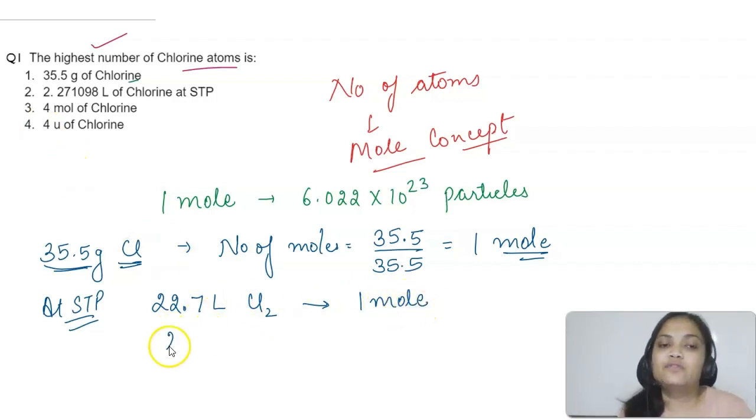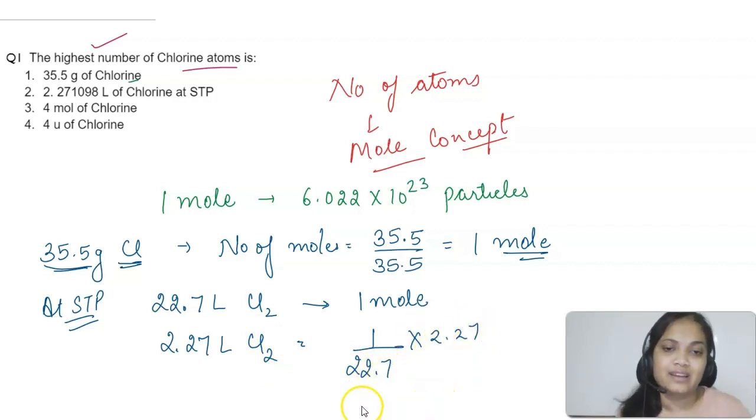Here we have 2.27 liters of chlorine, so that would be 1 upon 22.7 into 2.27. How much is it coming out to be? It is coming out to be 0.1 mole. So now we have the number of moles for the second one.